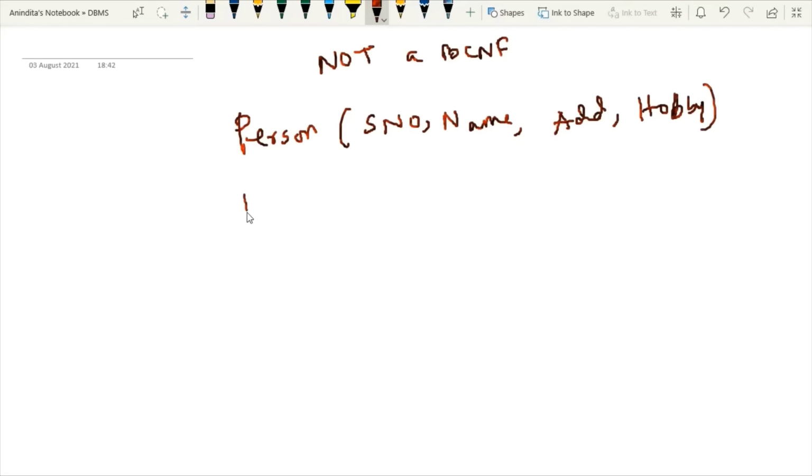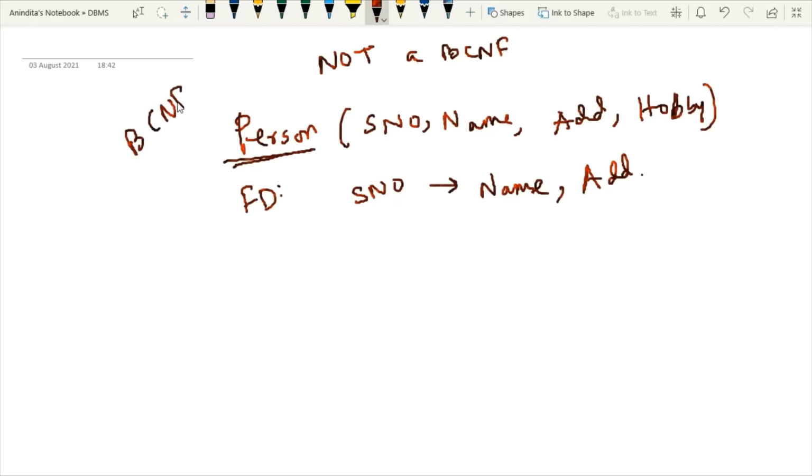In this case, only one functional dependency is given: from S number, I can find name as well as address.